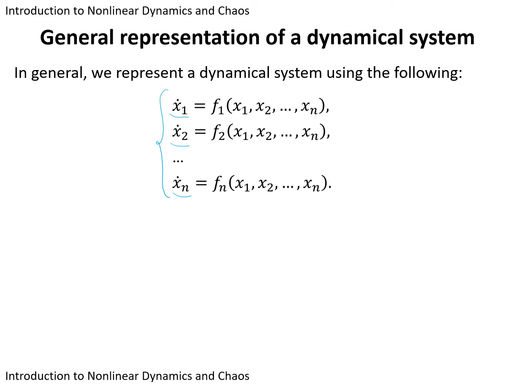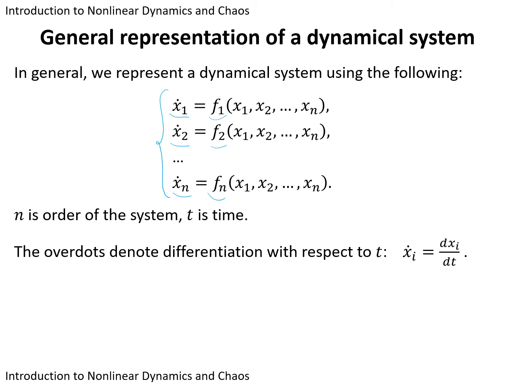The right-hand sides are the expressions f1, f2, and fn, which are functions of x1, x2, and xn. And here n is the order of the system, and t usually represents time.